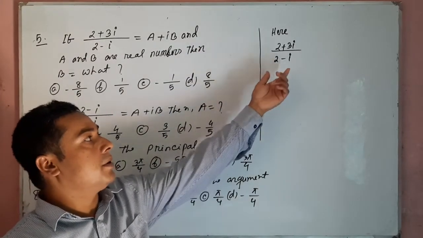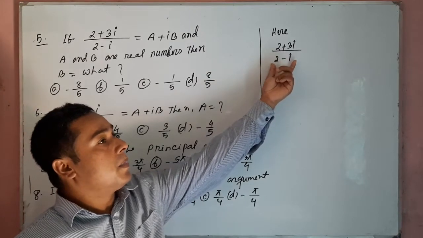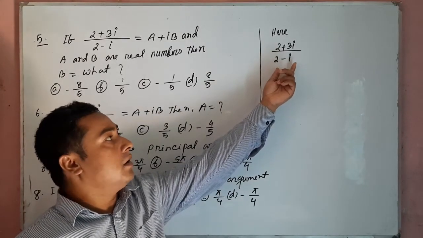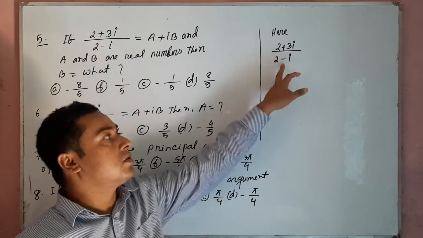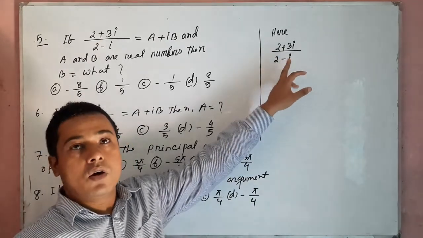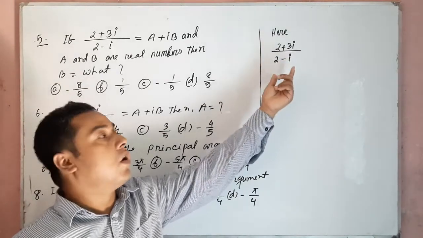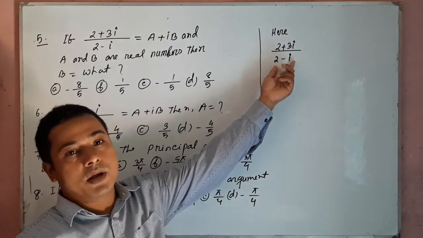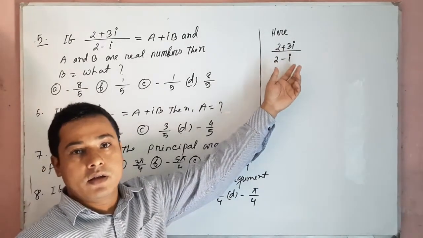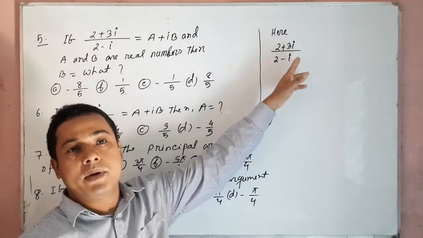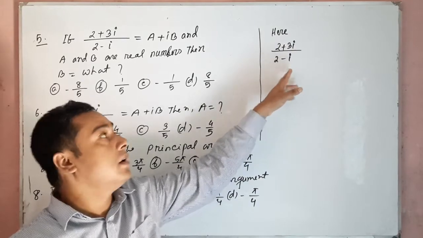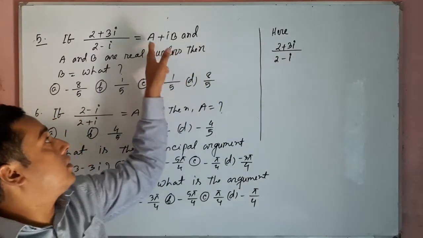For this calculation you always remember, the denominator is 2 minus i. So what is the conjugate of this? 2 plus i. Always multiply the numerator and denominator by the conjugate of the denominator, then this expression converts into this.